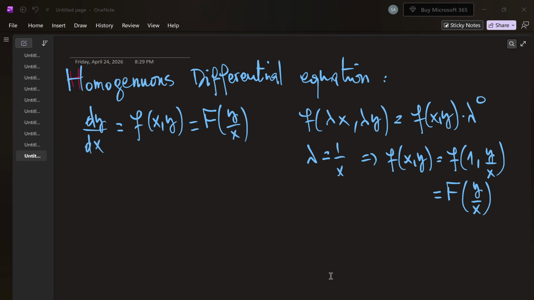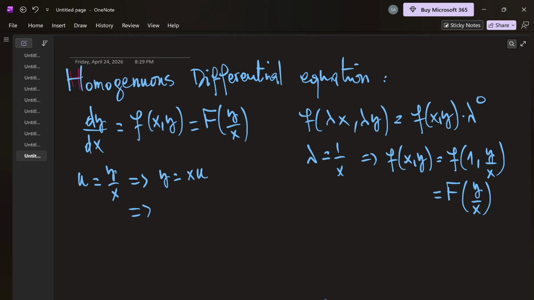What you do is consider a new change of variables, which is you put u equal to y over x, and this implies that y is equal to x times u. When you differentiate y, you will get u plus x times u prime, which is equivalent to dy over dx equal to u plus x du over dx.